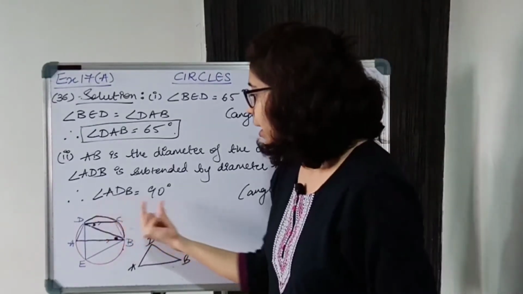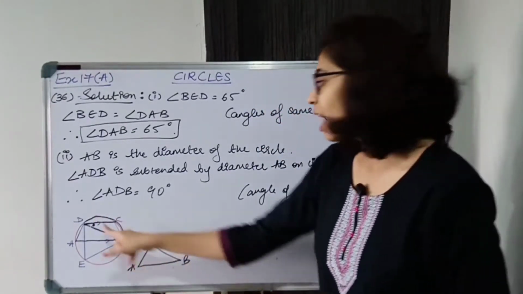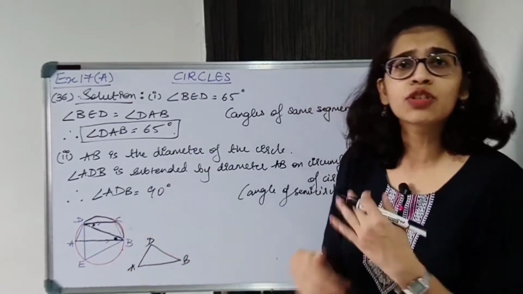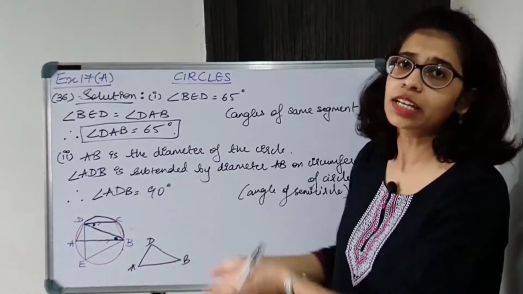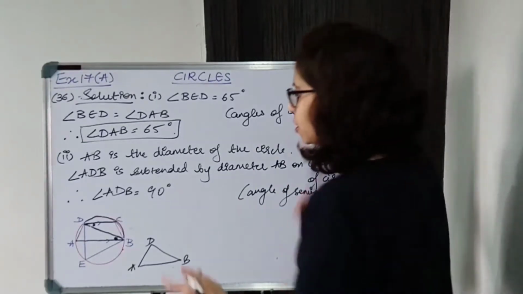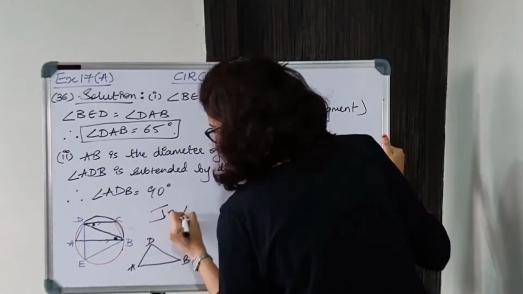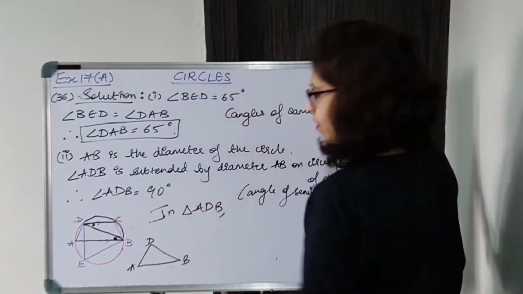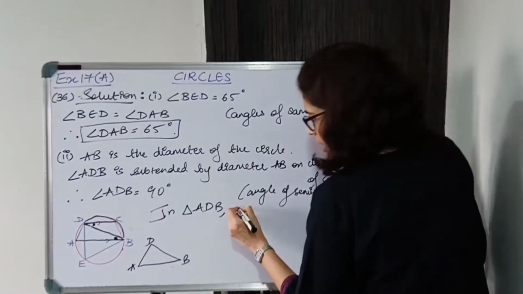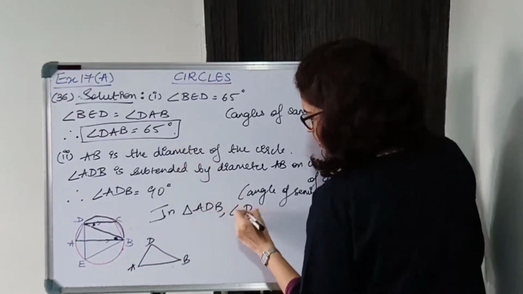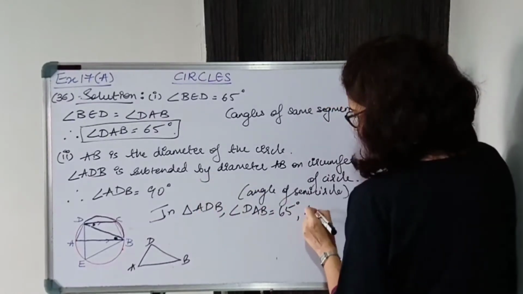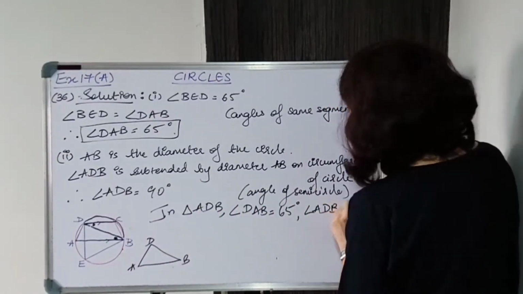Now angle ADB is 90 degrees. I have angle DAB that is 65 degrees. I can easily find the third angle using SOMAT property. Sum of measures of angles of triangles is 180 degrees. So let us consider triangle ADB. Angle DAB we know is 65 degrees and angle ADB is 90 degrees.